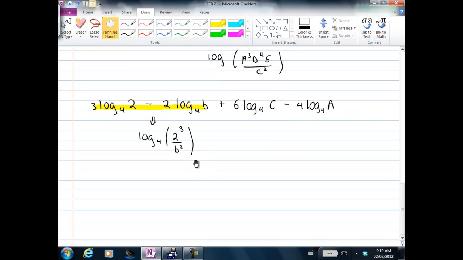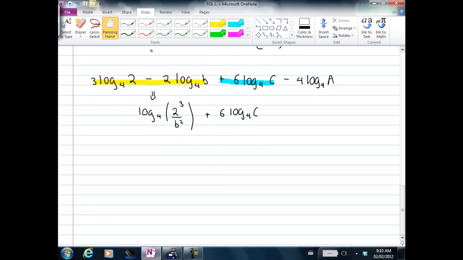Now, once the first two are done, let's drag in the next piece, the third piece. The third piece is a plus 6 log 4 C. Ryan, if I merge that together, what do you have? Just a third piece.